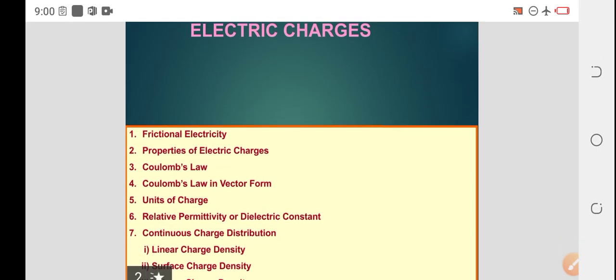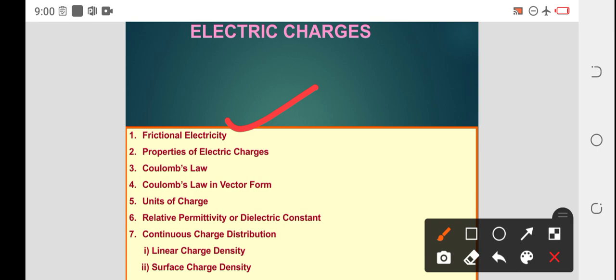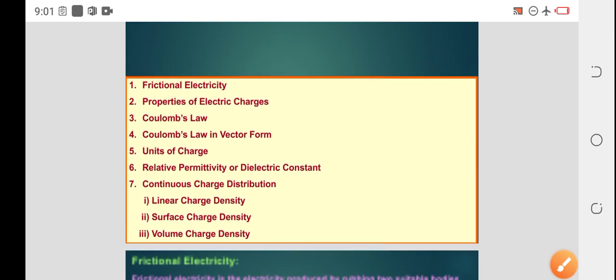Today's session deals with frictional electricity, properties of charges, Coulomb's law, Coulomb's law in vector form, units of charge, relative permittivity or dielectric constant, continuous charge distribution with charge density, linear charge density, surface charge density, and volume charge density. So this is the outline of today's session.